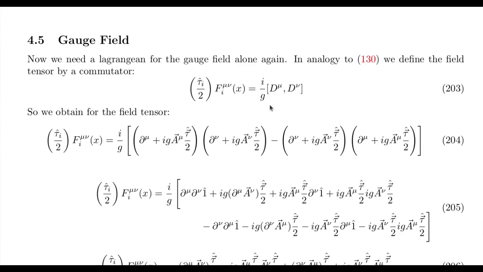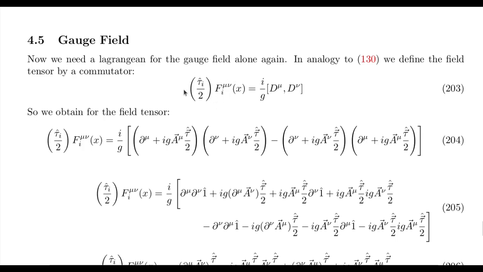Now we look at the gauge field. Like in the electromagnetic case, now we need an additional term in the Lagrangian for the gauge field alone. And in analogy to the electromagnetic interaction, we define the following commutator and the field tensor F here.